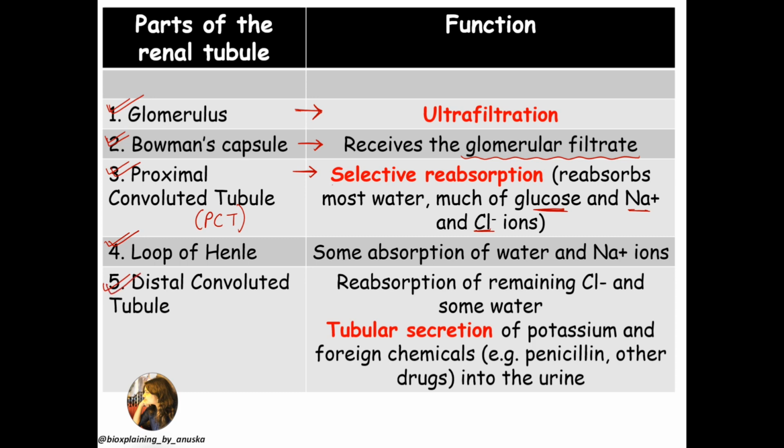Then we have the distal convoluted tubule, which continues some part of the selective reabsorption, and the tubular secretion function, which is basically secretion of substances like penicillin and K+ ions into the glomerular filtrate. And ultimately the urine goes into the last part of the nephron, which is the collecting duct.